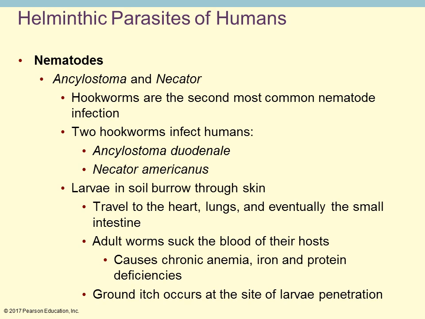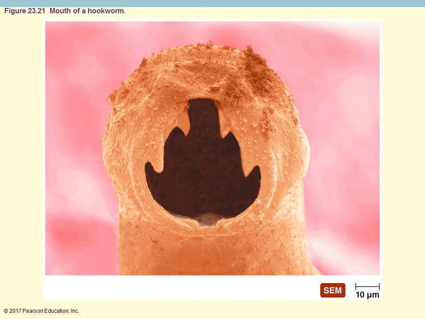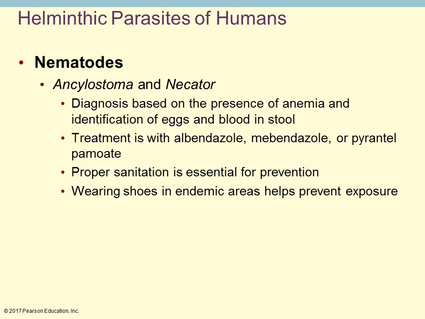Typically, it's going to be itchy at the site of infection. This shows the mouth of a hookworm. You can see how it gets its name. Diagnosis is based on the presence of eggs in stool samples, and usually prior to that, the individual has shown the symptoms of being anemic. Proper sanitation prevents it.